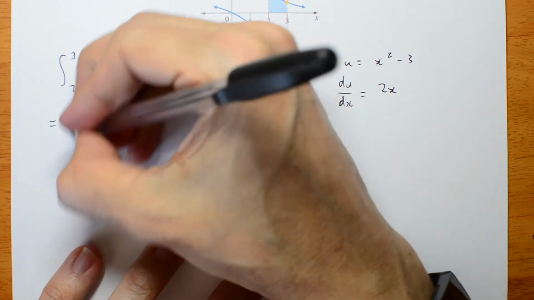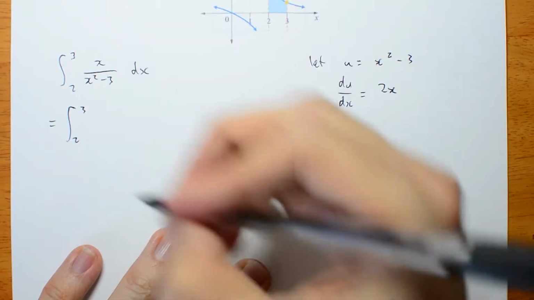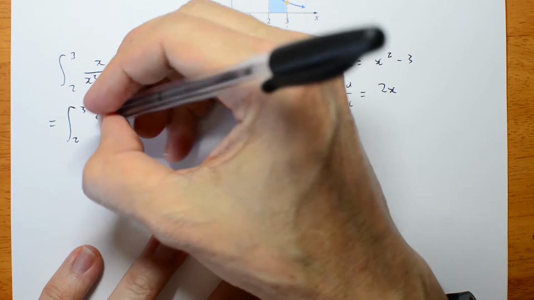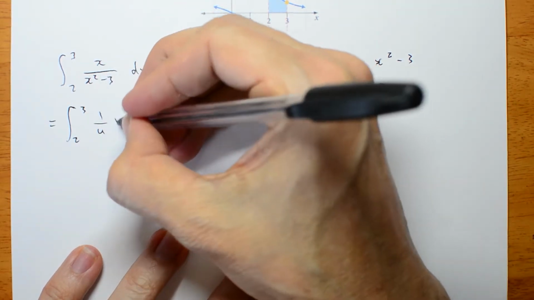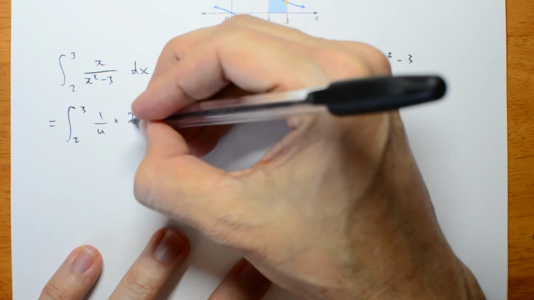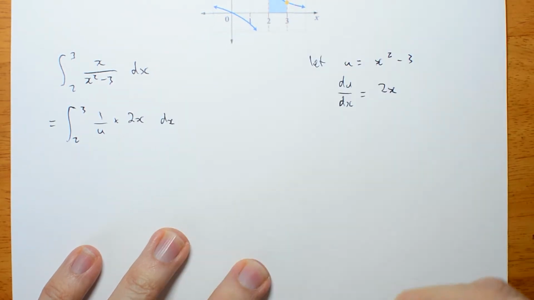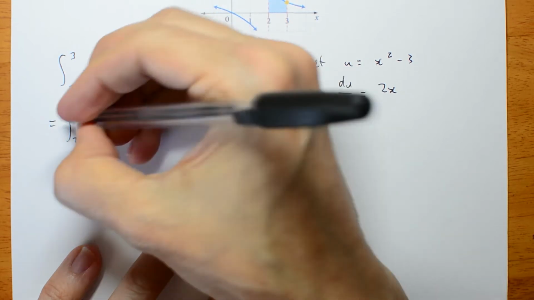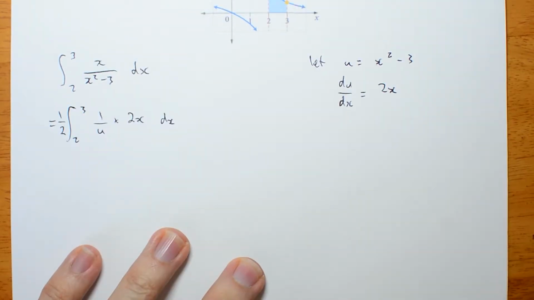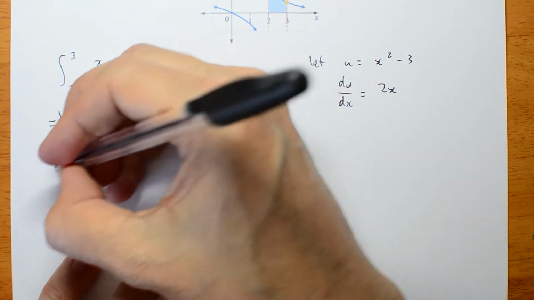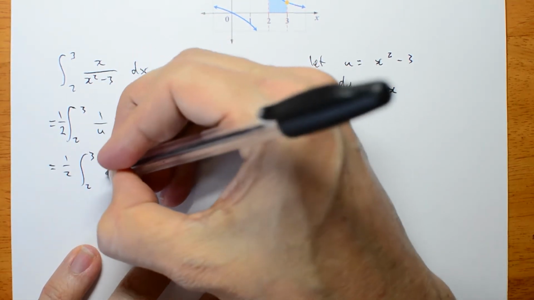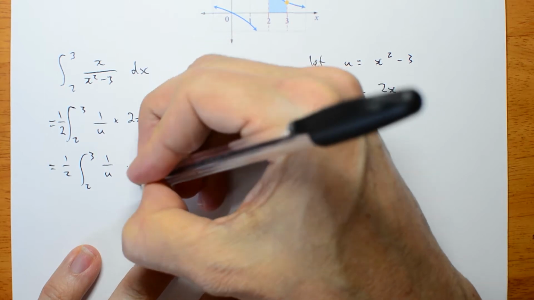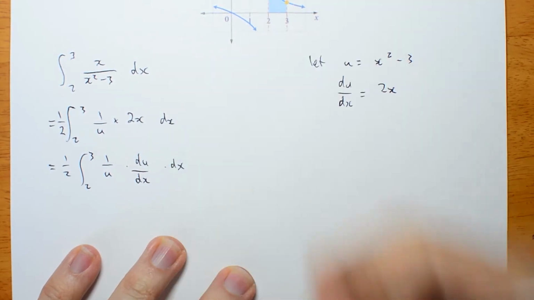So my integral from 2 to 3 is of, let me write this as 1 over u, and then times, I want it to be 2x dx. I've just multiplied by 2, so now let me multiply by a half out the front. It's a half of the integral from 2 to 3, 1 over u, du/dx, dx.